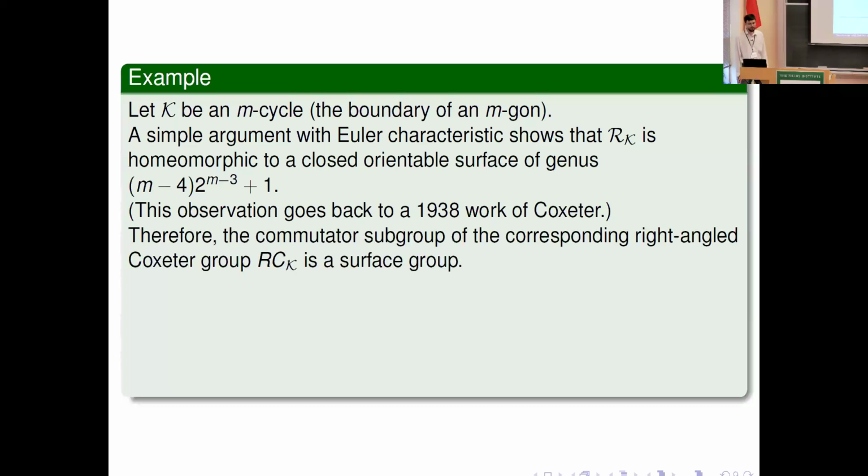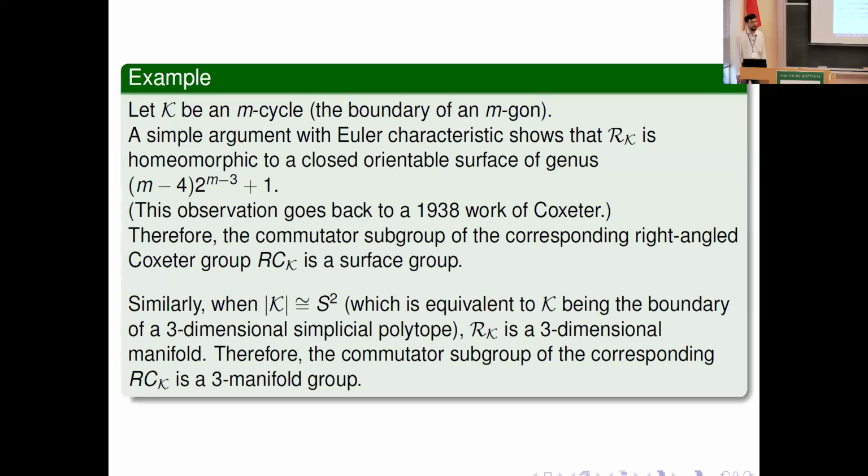Therefore, the commutator subgroup of the corresponding right-angled Coxeter group RC_K is a surface group. Similarly, when the geometric realization of the simplicial complex K is isomorphic to a two-dimensional sphere, R_K is a three-dimensional manifold. Therefore, the commutator subgroup of the corresponding RC_K is a three-manifold group.